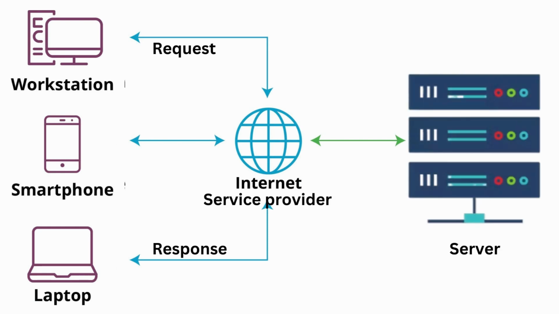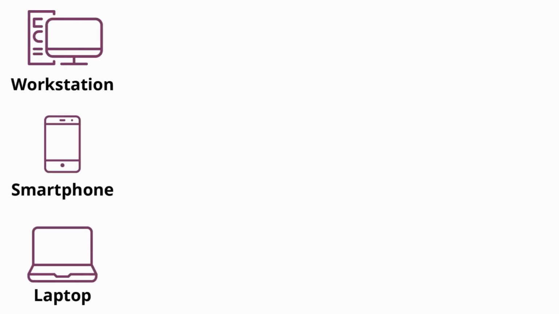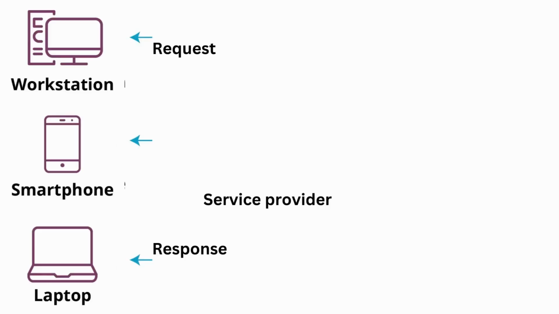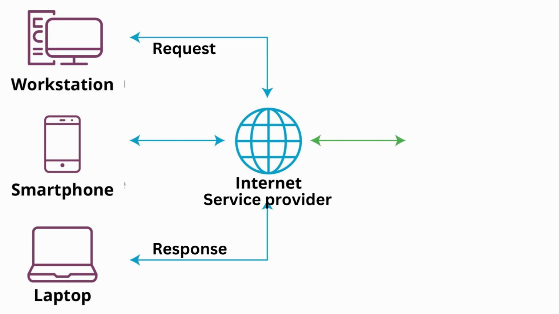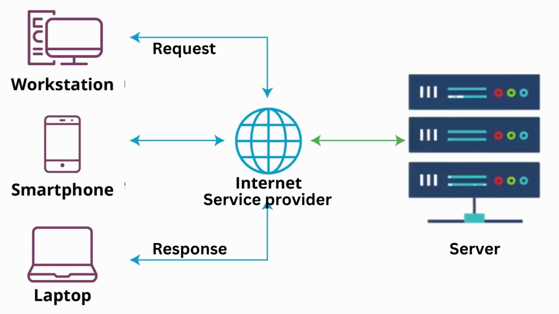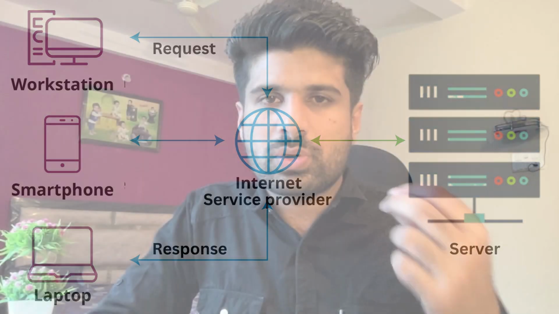Now, if anyone searches anything, whether through incognito mode or through a normal browser, first the request is fired from the client, then it visits the ISP, that is our internet service provider, whether it is Wi-Fi, a SIM or any other provider, and then it reaches the server. Now the server gets the result from the database as per the request of the client.